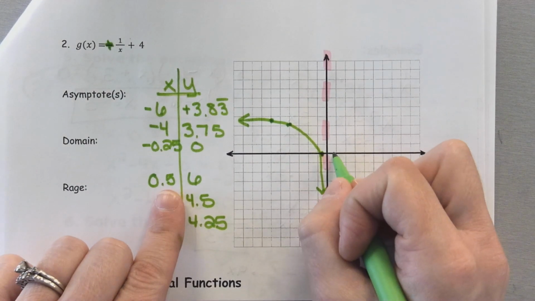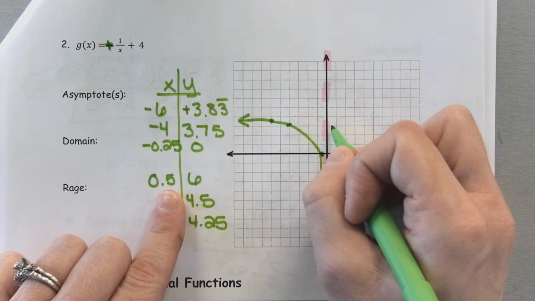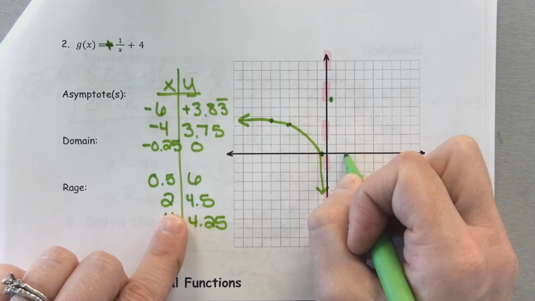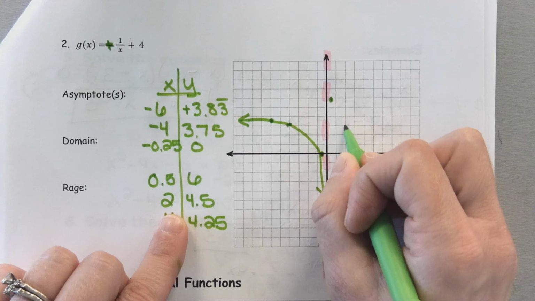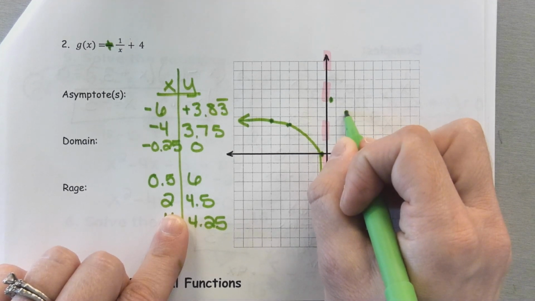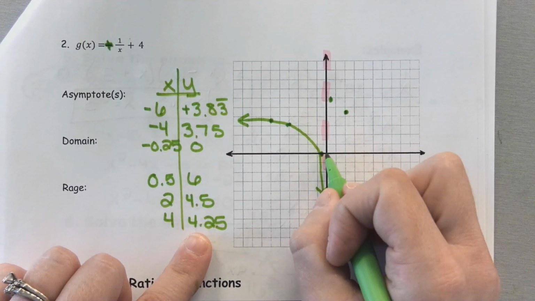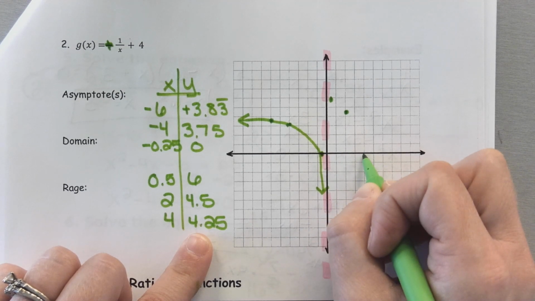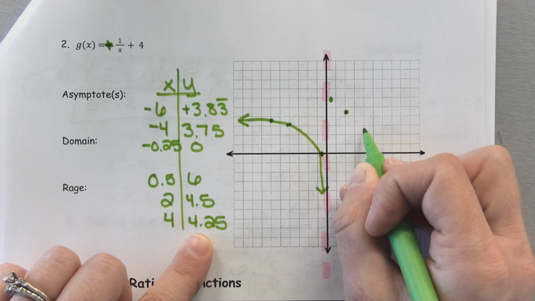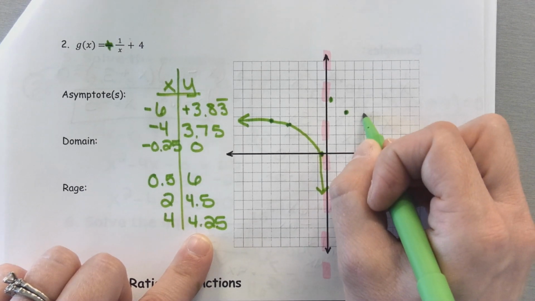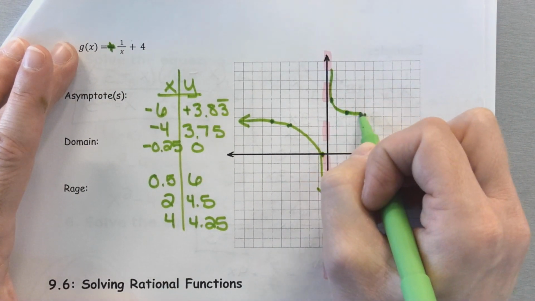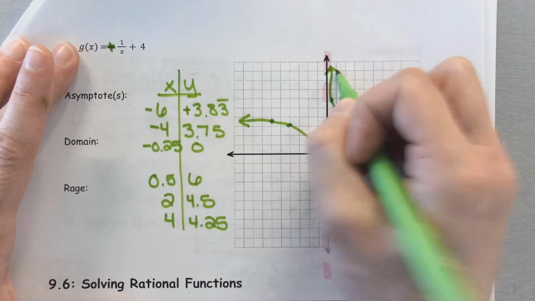Okay. 0.5 up 1, 2, 3. Over 2 up 4.5. 1, 2, 3. Okay.